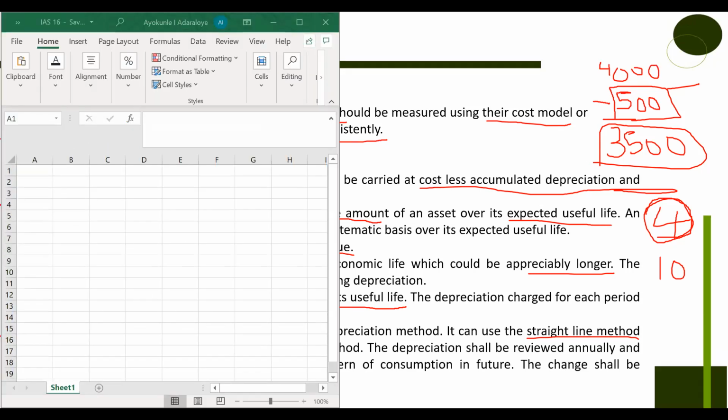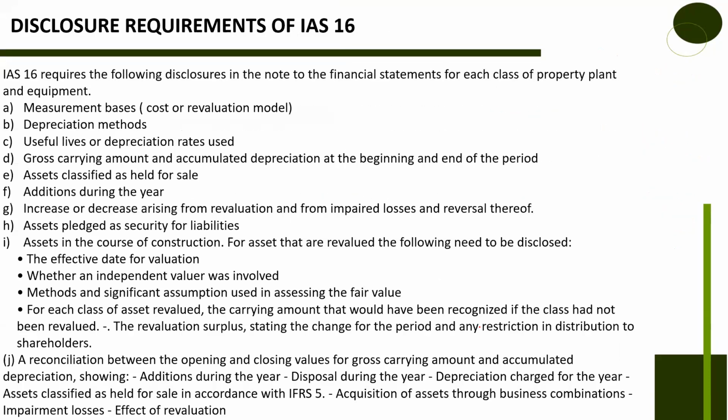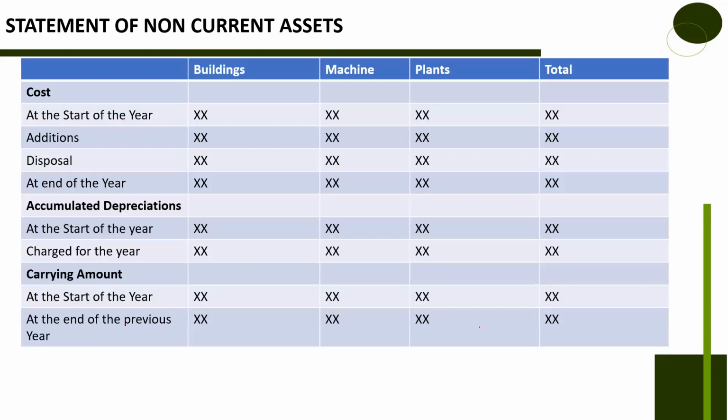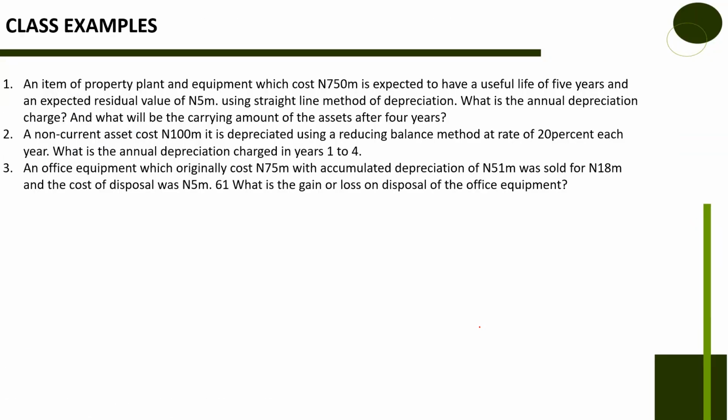I want to see if I can quickly make some examples around depreciation, the difference between the straight line depreciation method and the reducing balance method. I have some examples towards the end. You can see these are some of the examples we are supposed to look at, or maybe we can take them in the course of the class.